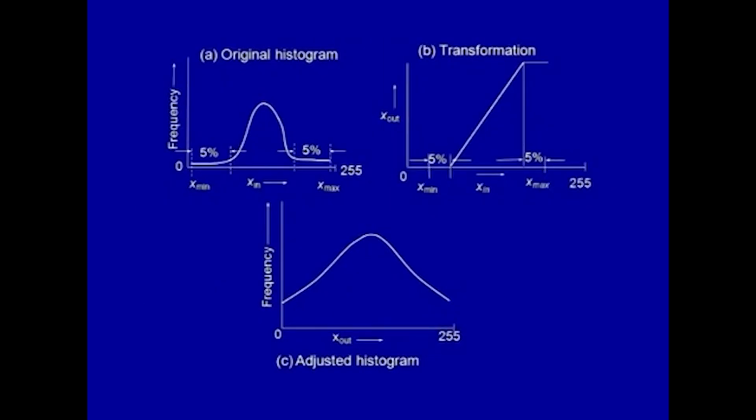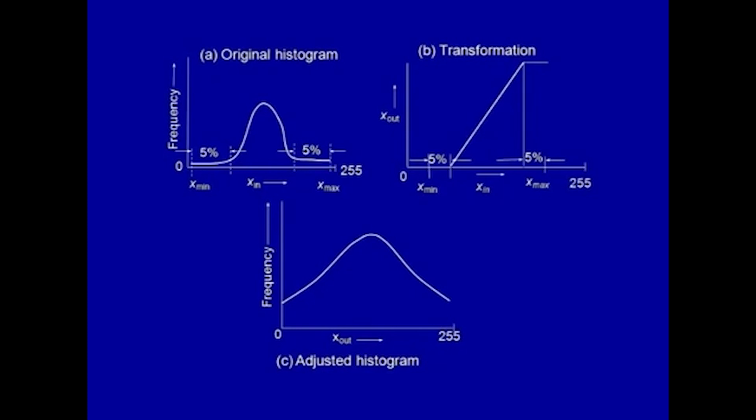In this particular slide, we see an original histogram which has been represented to have a long tail. The minimum value and the maximum value in this particular histogram of the image are very close to the ranges of the brightness scale.